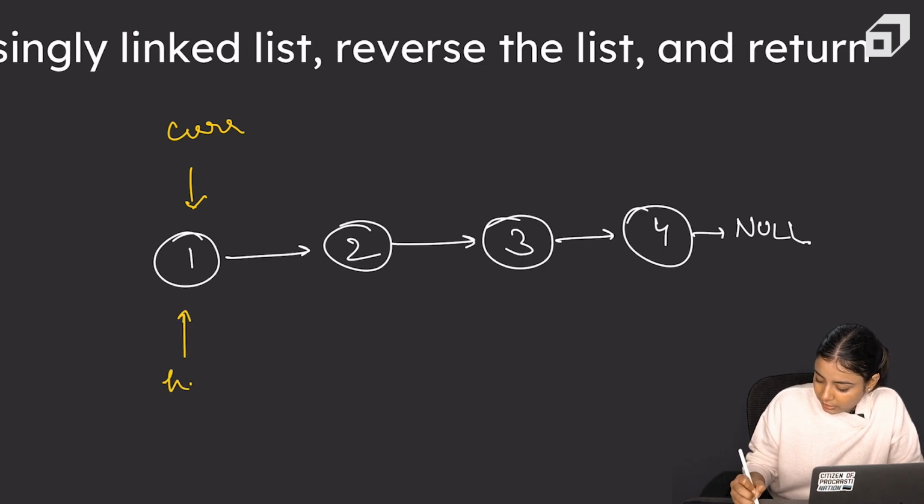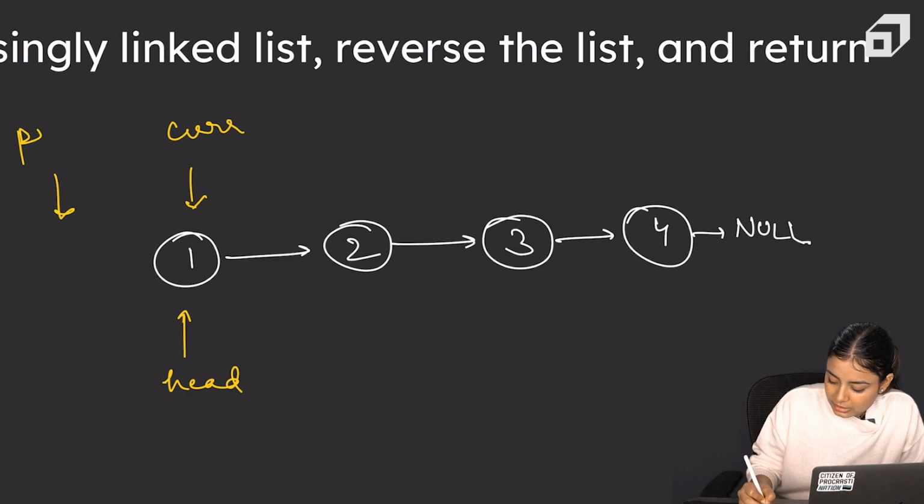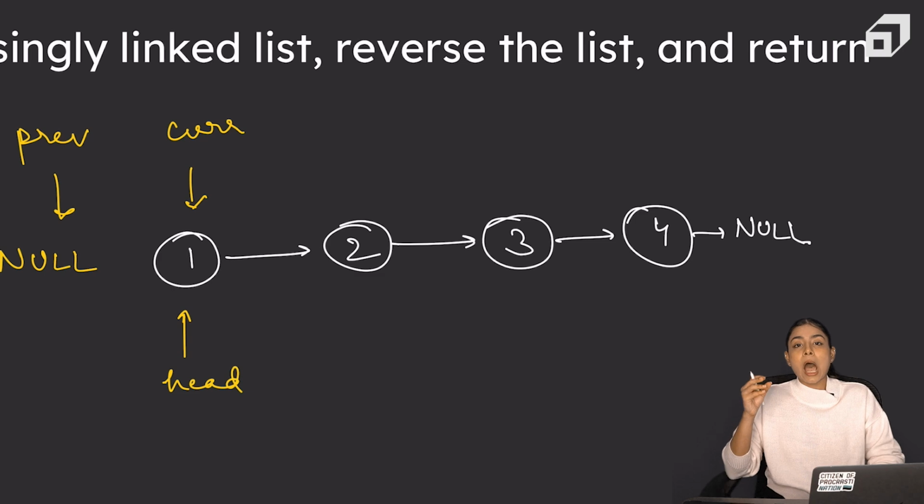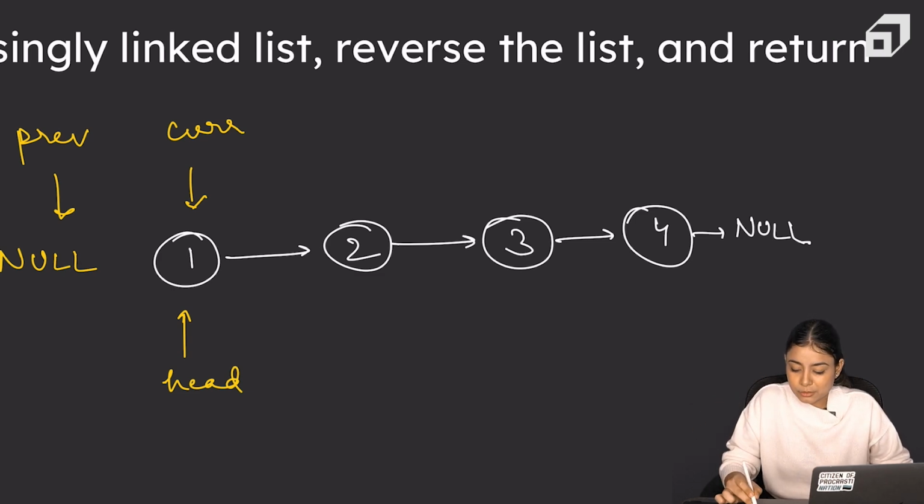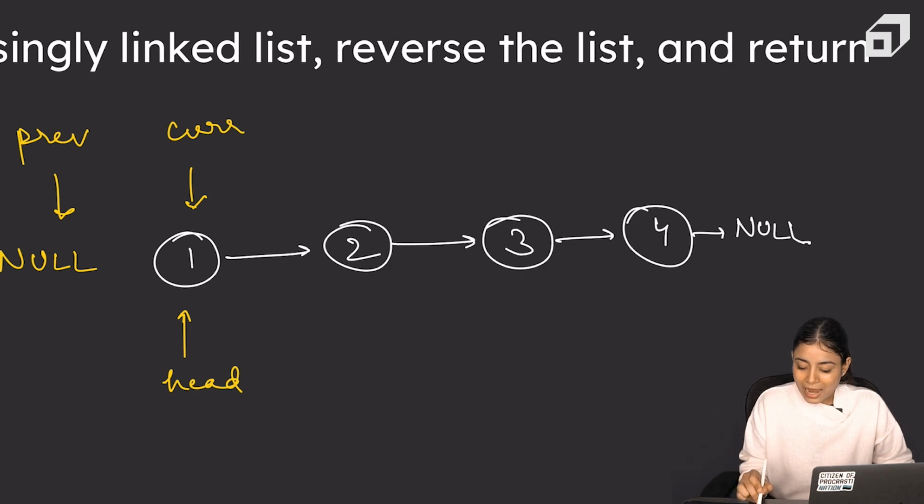This is the head of my original linked list, and I'll make previous point to null, because after I have reversed, the original head node would become the last node of my linked list, and the last node of my linked list always points to null. So I have to make 1 point to null.